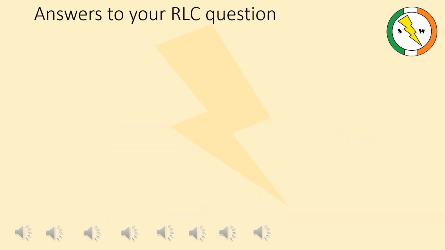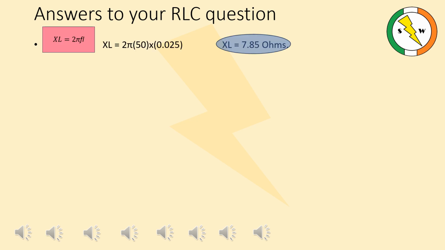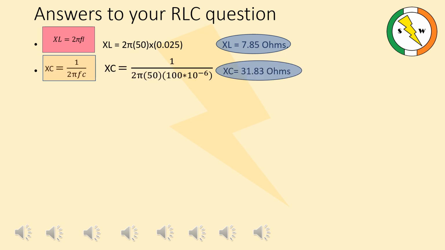Answers of example question. XL equals 7.85 ohms. XC equals 31.83 ohms. IR equals 2.3 amps.